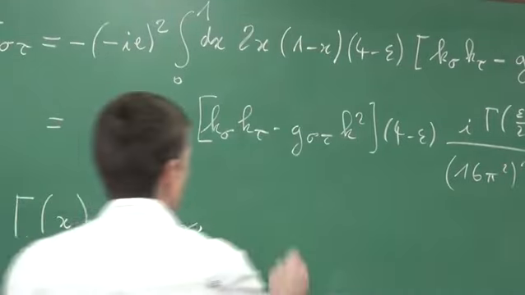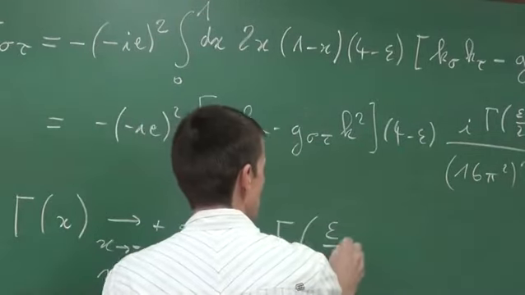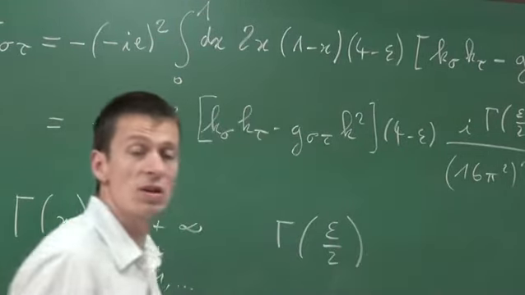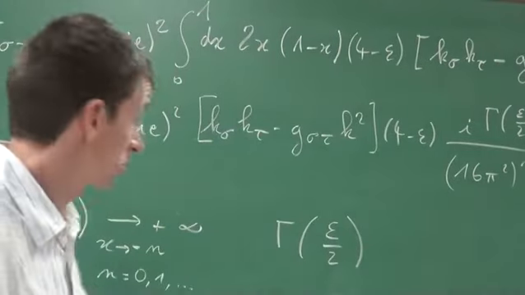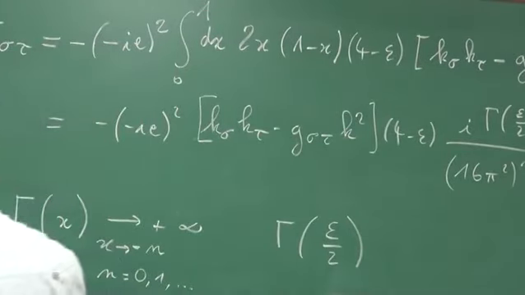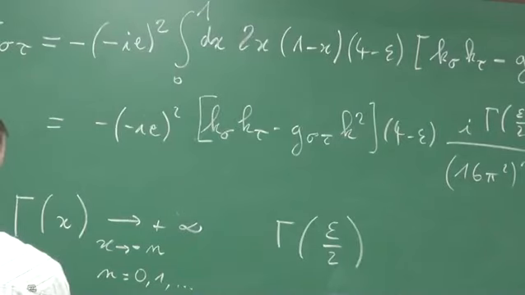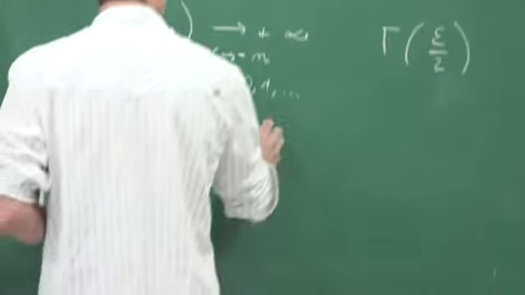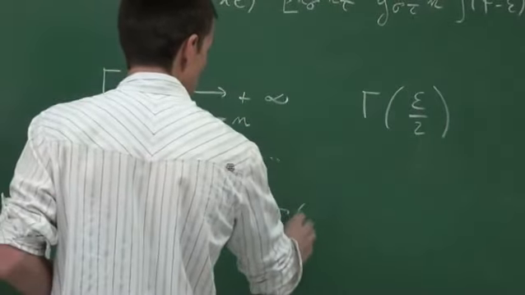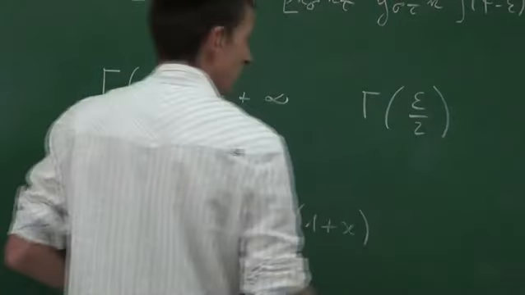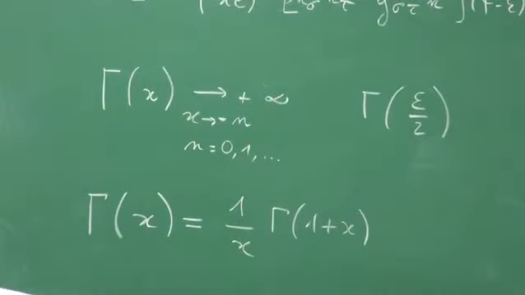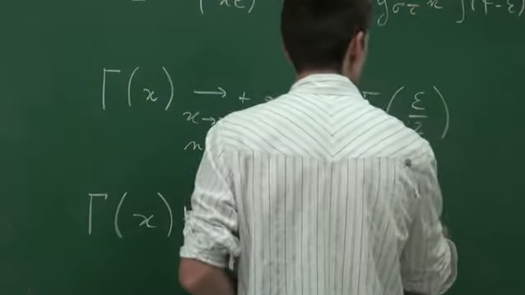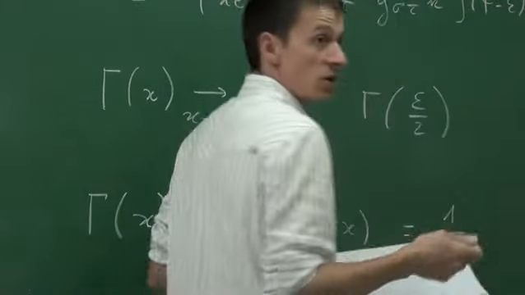So this means that gamma epsilon will diverge when epsilon goes to 0. That's the epsilon expansion of the gamma function.